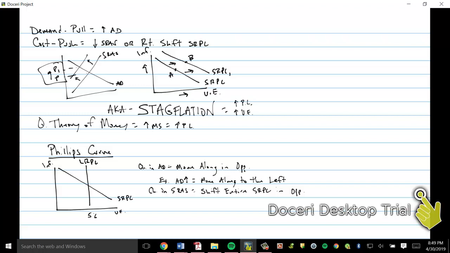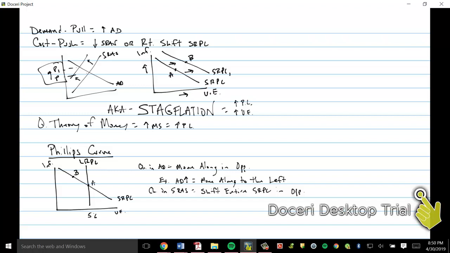So what we should know is when our economy is operating at point A, that represents long-run equilibrium because our inflation rate is equal to the natural rate of unemployment. Now, if we have high inflation and less than normal unemployment, we'll call that point B. Point B represents an inflationary gap.